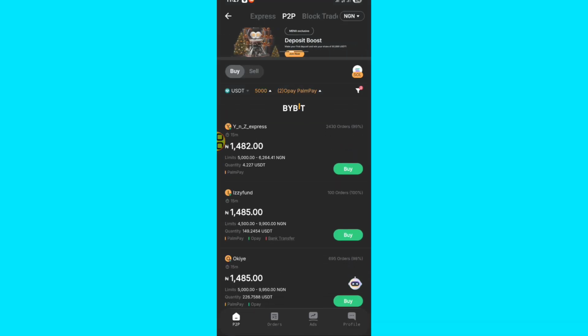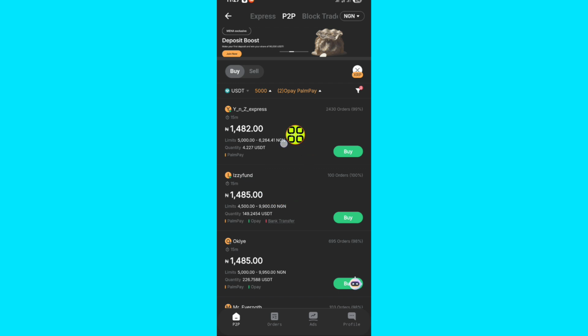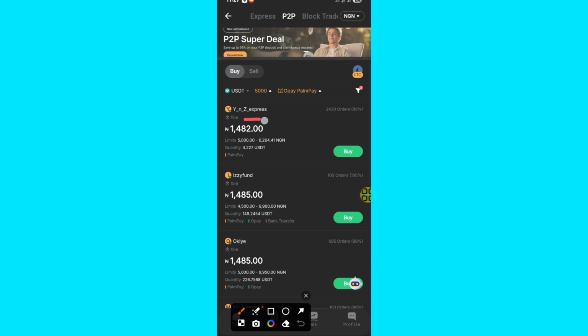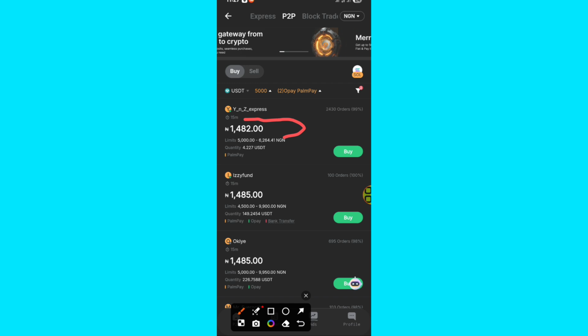After you specify the amount, you'll be able to see some people who are selling at a price higher than everyone else. The current price of USDT is 1485, as you can see, but you'll see some people selling at like 1,500 naira or 1,600 naira.